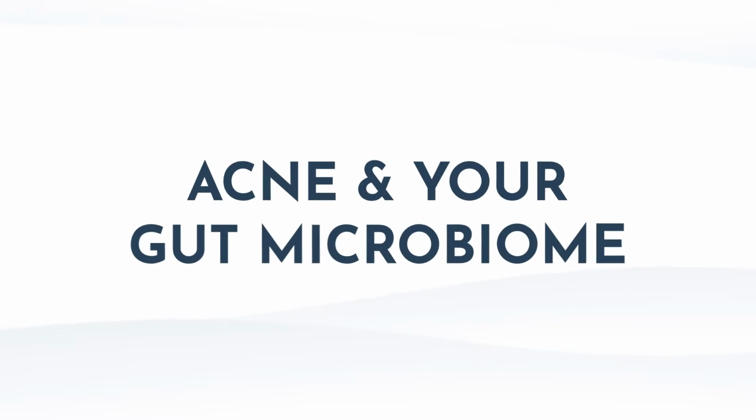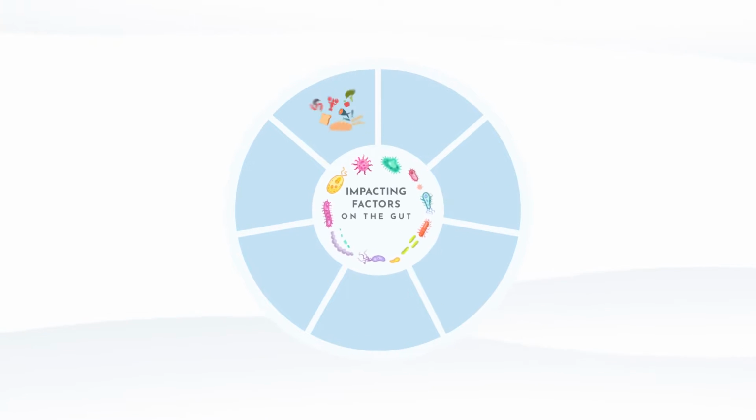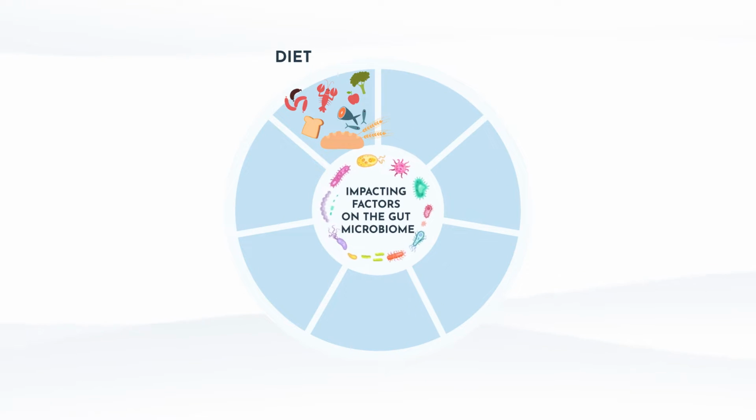So there's so many different influences on the gut microbiome. And surely, we have to look to the gut microbiome to understand what is happening with acne. And we'll talk about in a bit how I really look to the gut microbiome to test and treat this. But there's so many factors that comprise our gut microbiome. So we talked about our diet. Of course, what we eat absolutely crafts what is living in our gut.